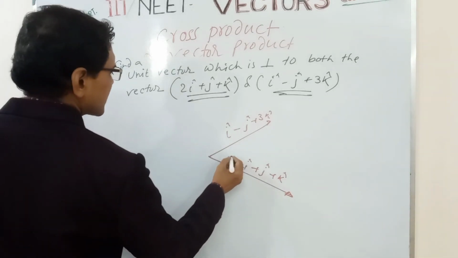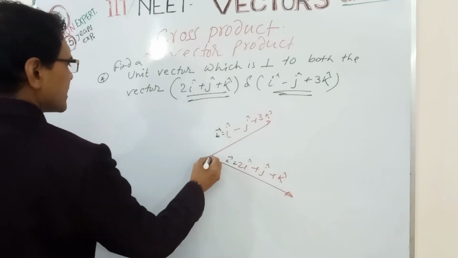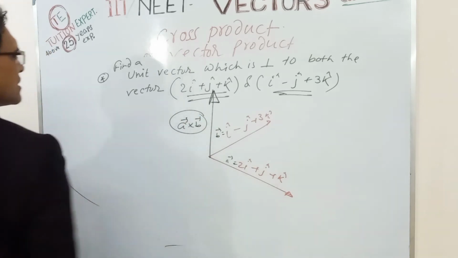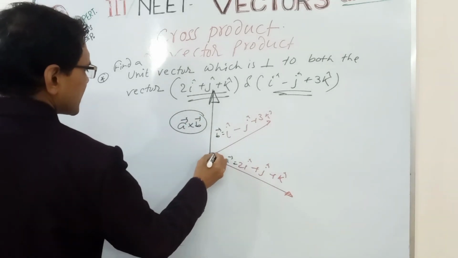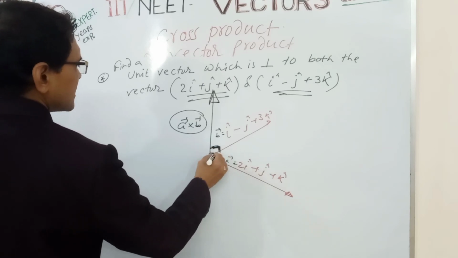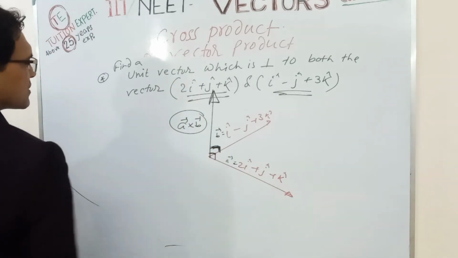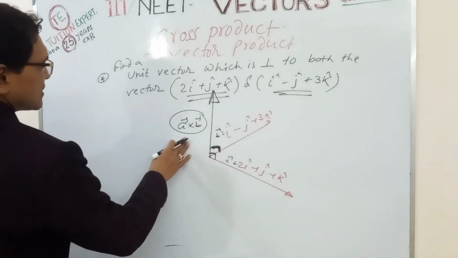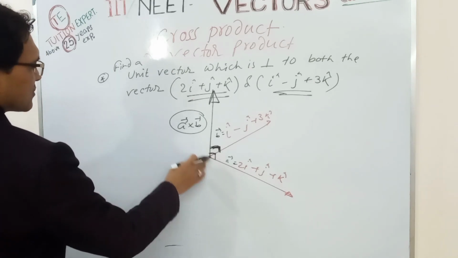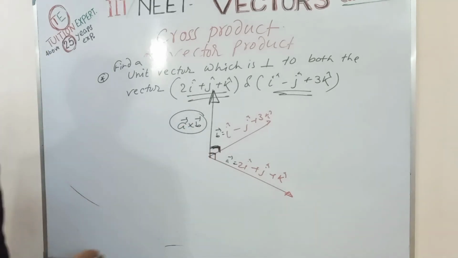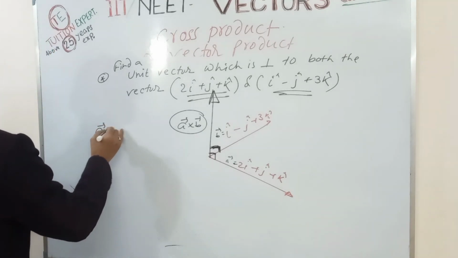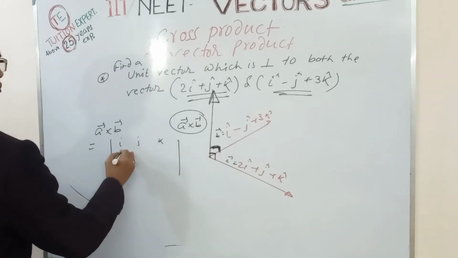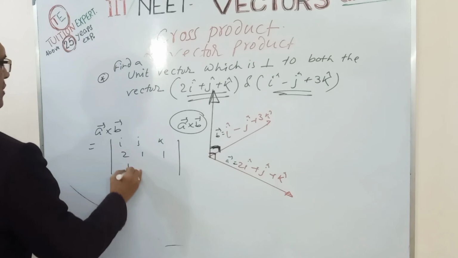We know if this vector is a and this vector is b, then a cross b is perpendicular to both vector a and vector b. We have discussed already that the direction of a cross b is perpendicular to both a and b. So we find a cross b using the determinant i j k, 2 1 1, 1 minus 1 3.